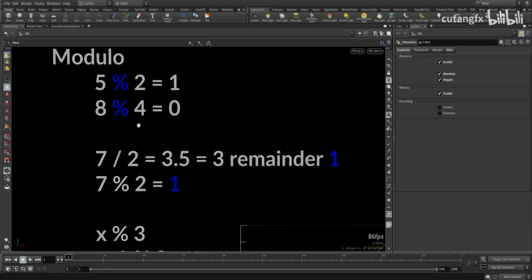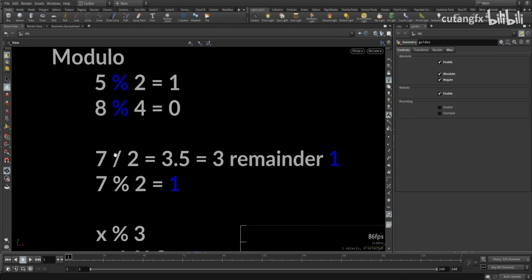Now what's happening with modulus is we're dividing by the second number, but what it returns is the remainder. Okay, so instead of doing the perfect division, 7 divided by 2 gives us 3.5, right? But instead of doing that, we divide only into integer numbers, and then we have a remainder.